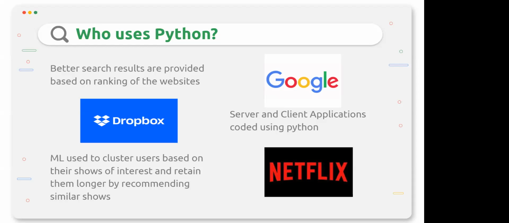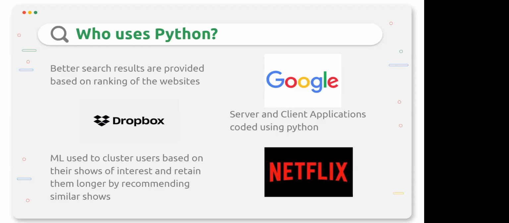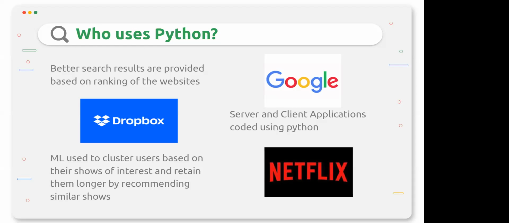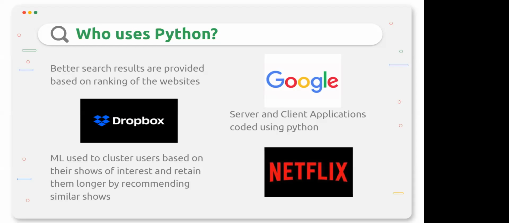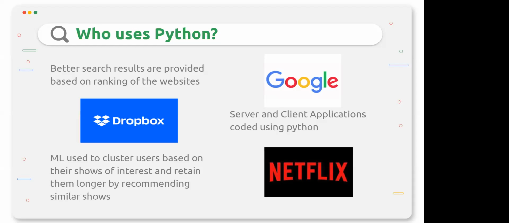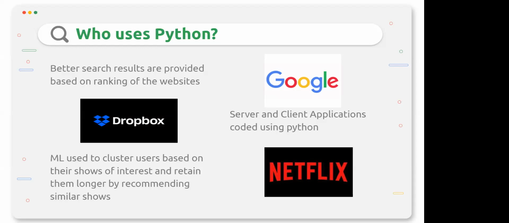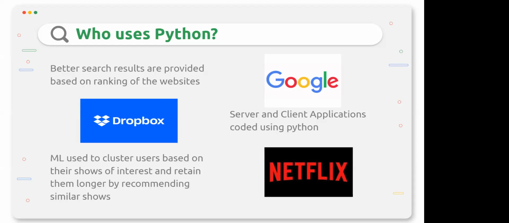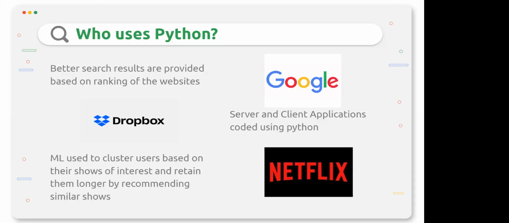And Dropbox, their server and client applications are coded using Python. Netflix, the movie service, uses ML to cluster users based on their interest in different shows and keep them longer by recommending them similar shows.